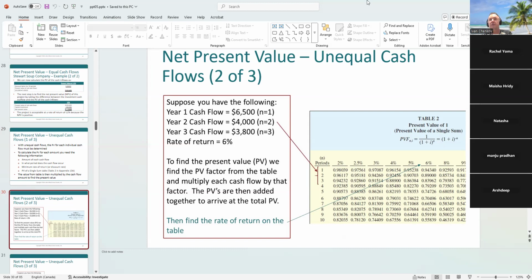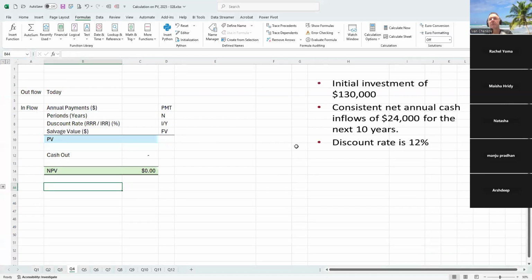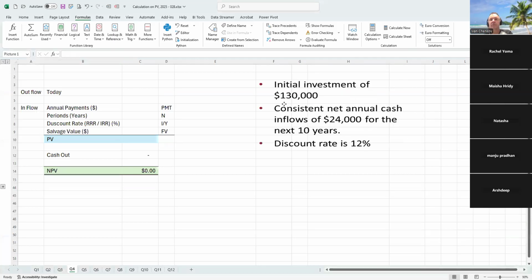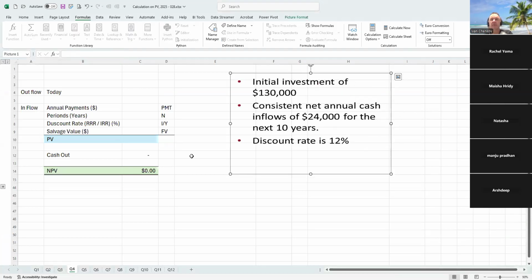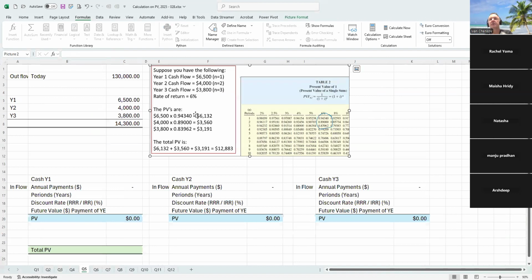In order to do that, again, we're going to use the Excel spreadsheet, and we're going to go to the worksheet that says Q4. Actually, that's not the one we're looking for. That's a repetition of the previous question. Let's go to Q5 and see what's waiting for us.